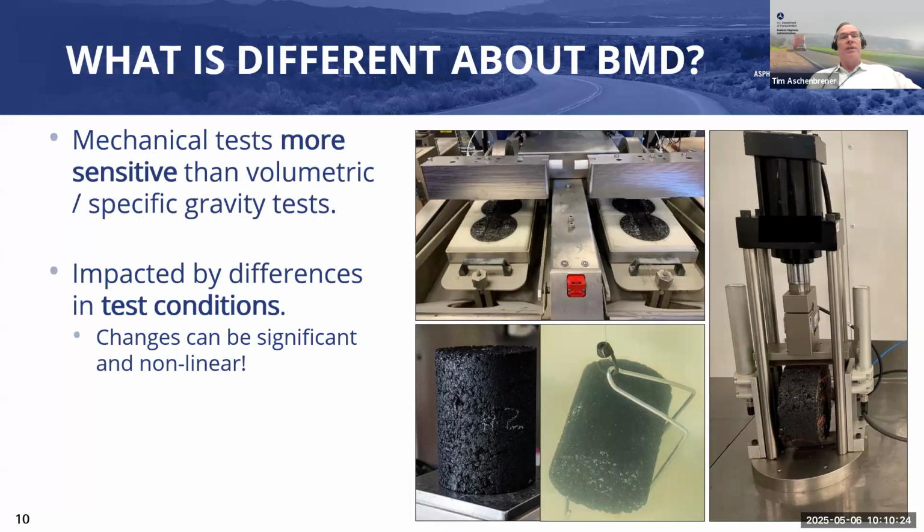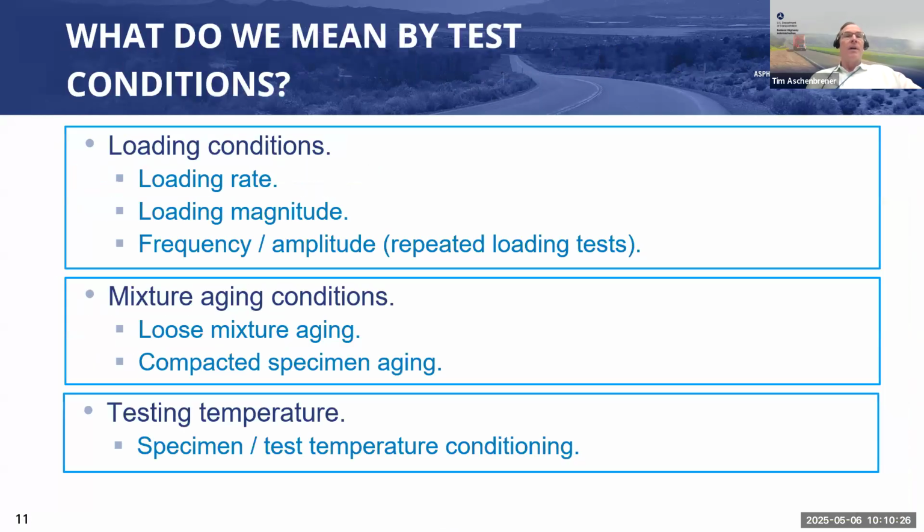So test conditions, which is today's webinar, what do I mean by test conditions? Generally, we put the test conditions into three bins. There's the loading conditions, the mixture aging conditions, and the testing temperature. Now, loading conditions are specified in the test procedure, and what we typically see is most states are following the loading conditions as indicated in the test procedure, which is a good idea.